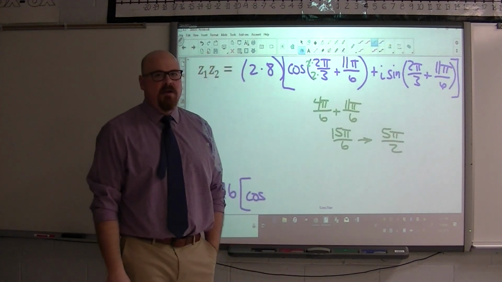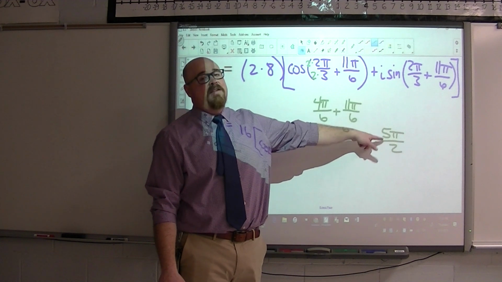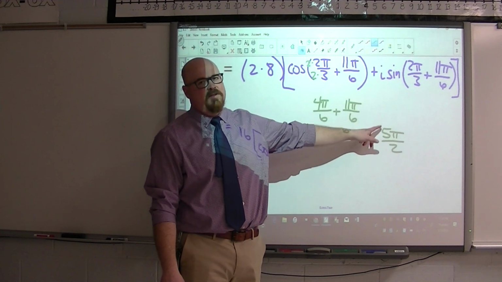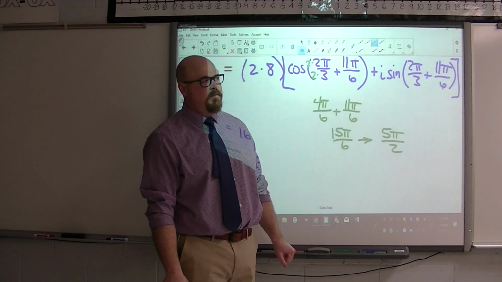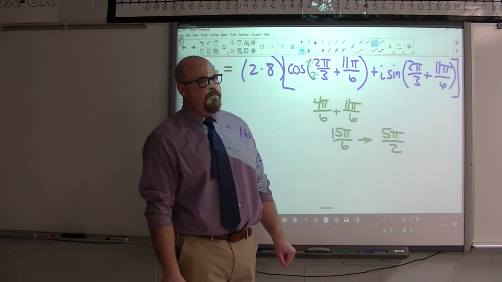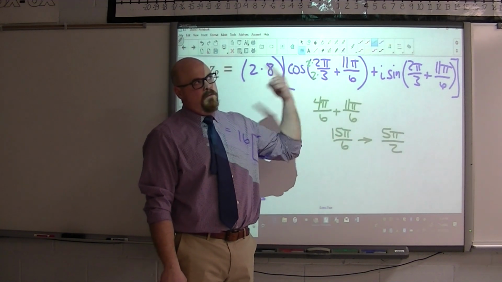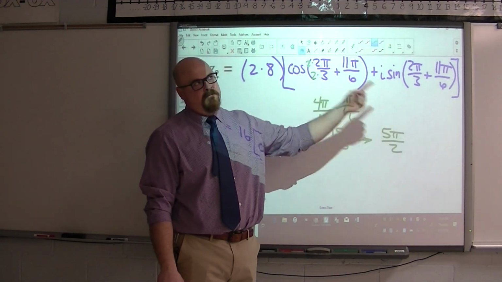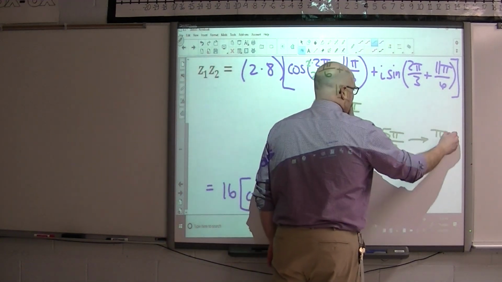And we're going to keep going because 5 pi over 2 is greater than 2 pi, right? It has a coterminal angle that is less than 2 pi. What is 5 pi over 2 coterminal with? Pi over 2. So this is pi over 2.